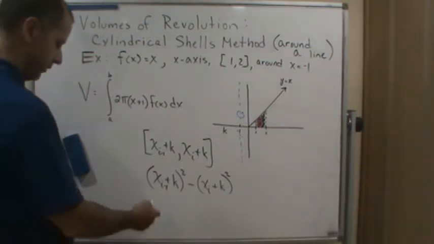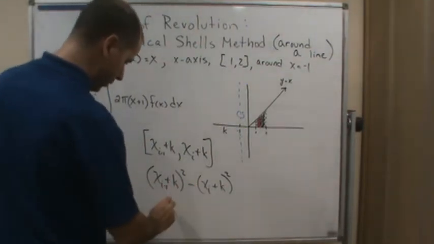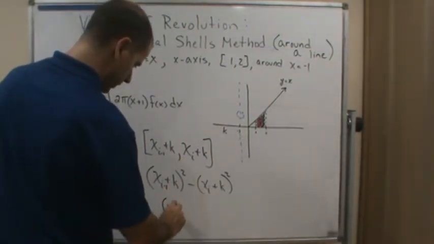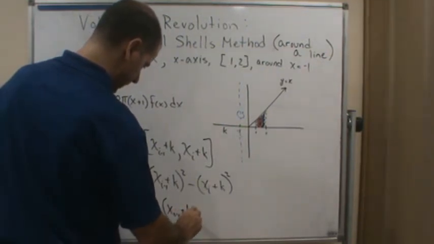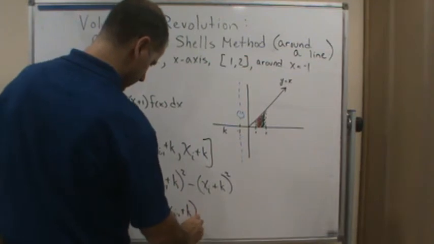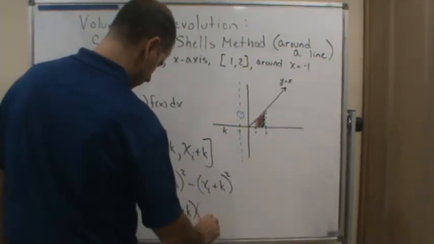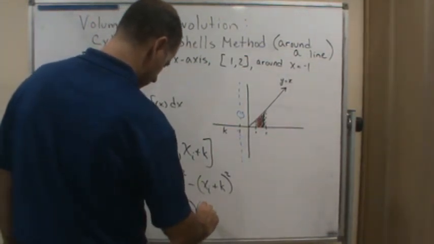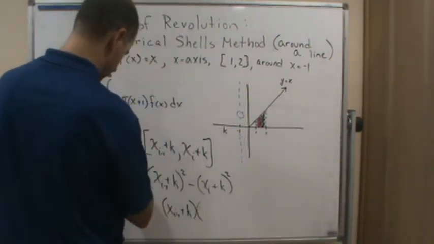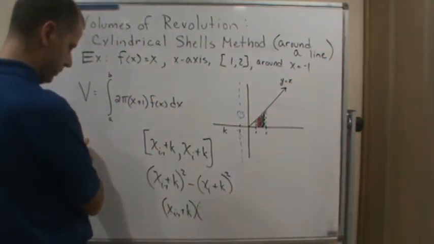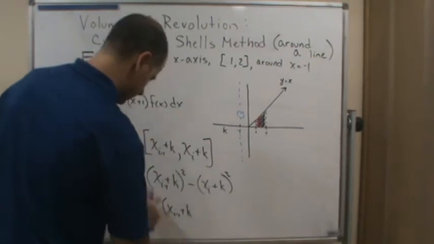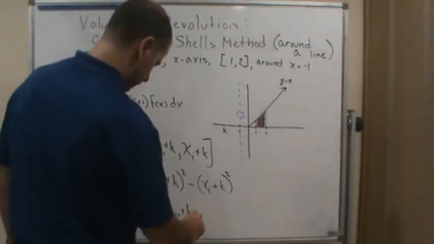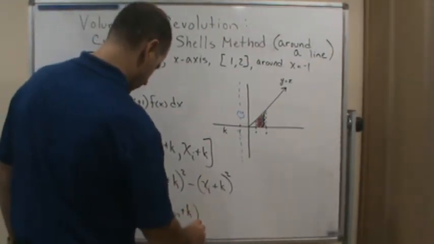In this case, what does the difference of two squares give us? It gives us x sub i minus 1 plus k times, hold on, x plus k. Let me just see it.